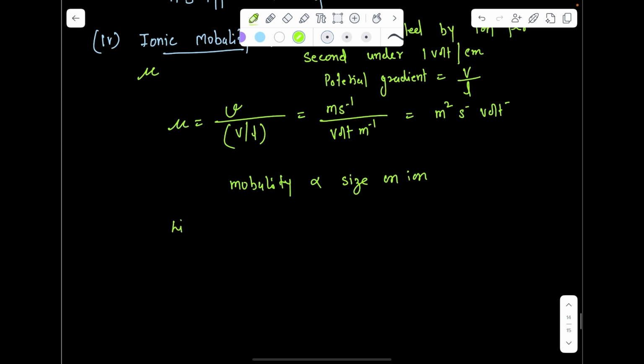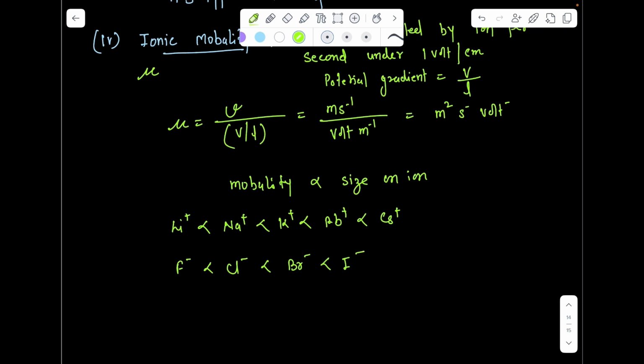For example, if we have lithium plus, Na plus, K plus, Rb plus and cesium plus, then the mobility for cesium is highest because of the hydration energy. Lithium becomes so heavy. The same thing you can apply for the anions also. So bigger the size, higher the mobility. Lithium is moving very slow because of the hydration energy. It becomes so heavy and cannot move faster.